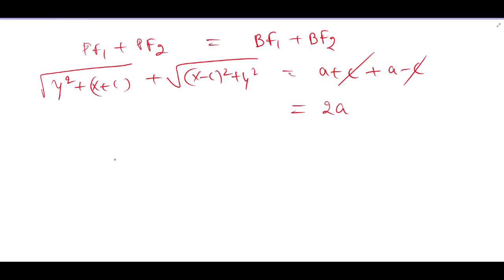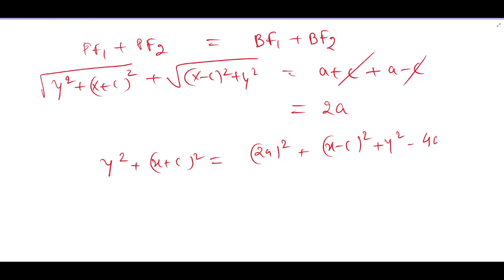Now take one term on the left and the rest on the right side, and square both sides. So we get 2a whole square plus x minus c whole square plus y square minus 4a root of x minus c whole square plus y square.